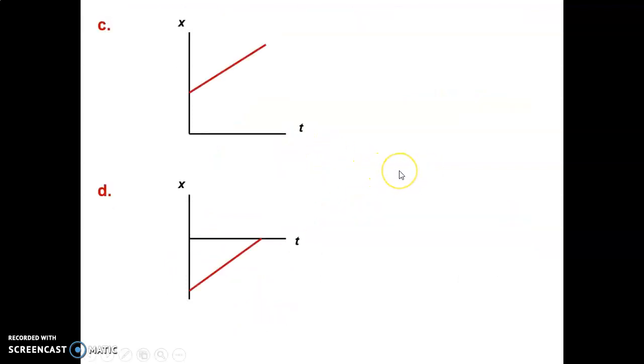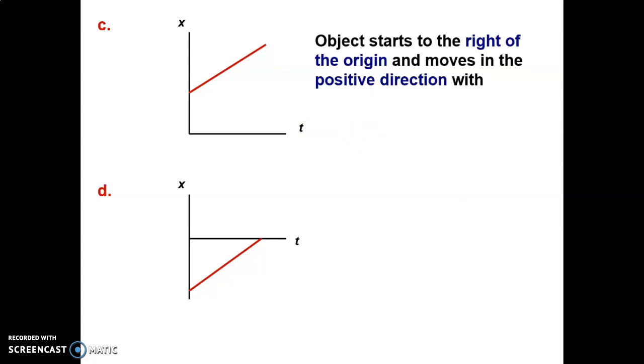There's two more graphs. Can you do the top one? What's going on there? Does it start at the origin? It does not. What's it doing? What kind of slope is it? So here it's starting to the right of the origin, and it's moving in the positive direction away from that origin with a constant speed.